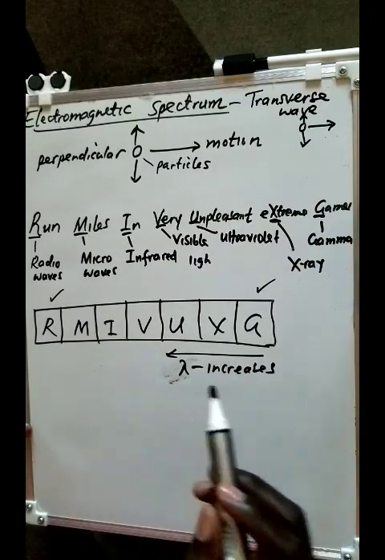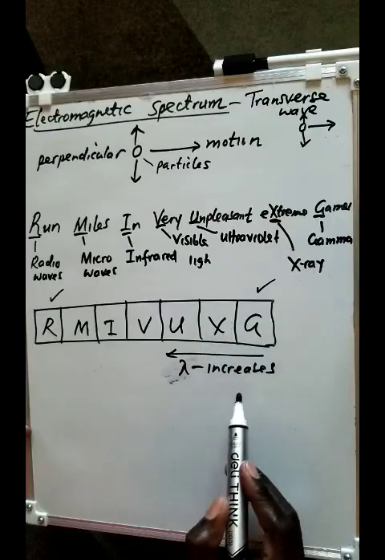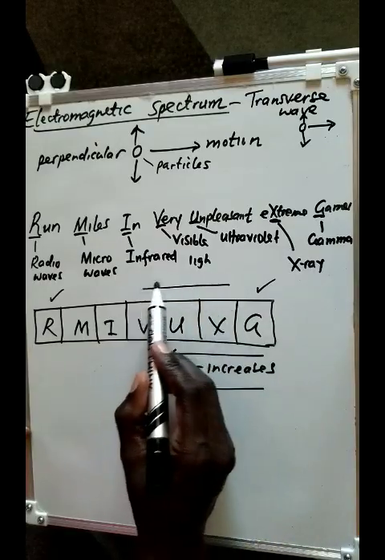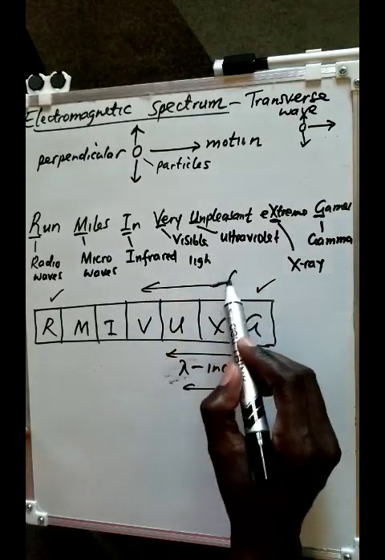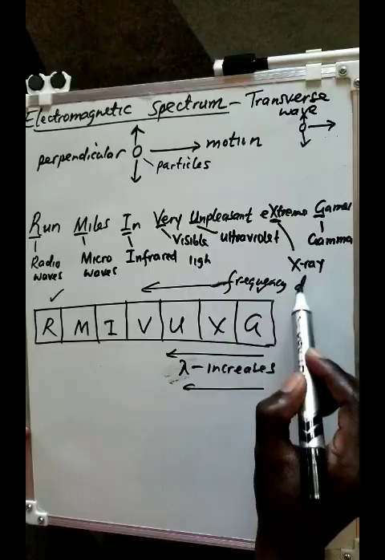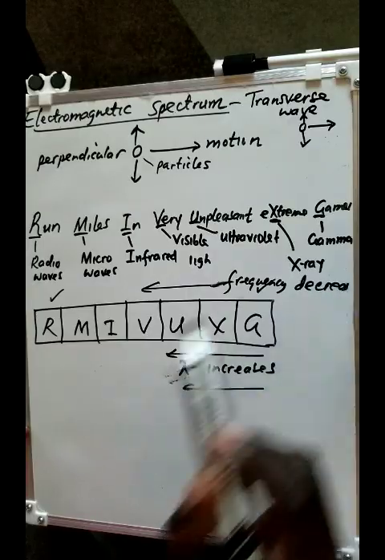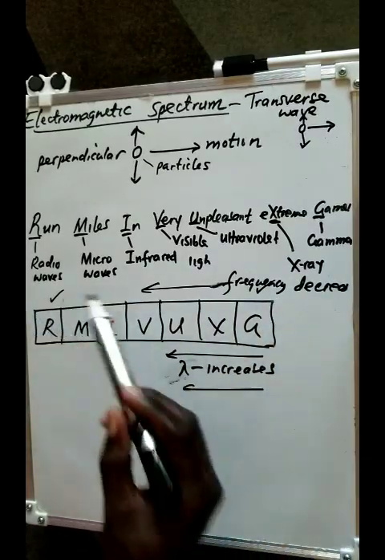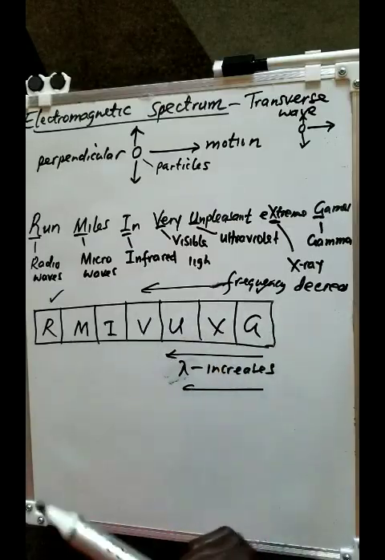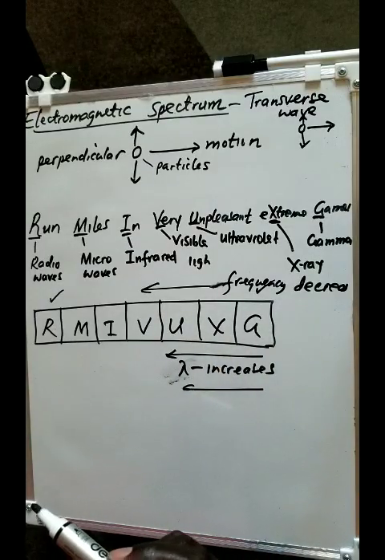Now as the wavelength increases, as you move in that direction, the frequency decreases. So if you are moving from gamma rays to radio waves, the frequency decreases.